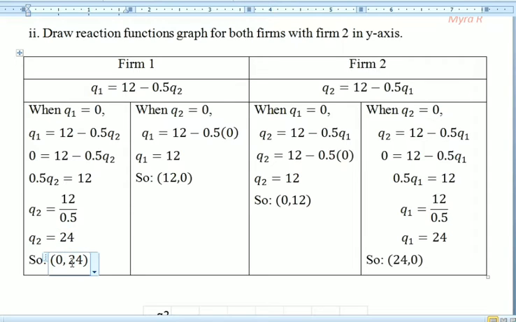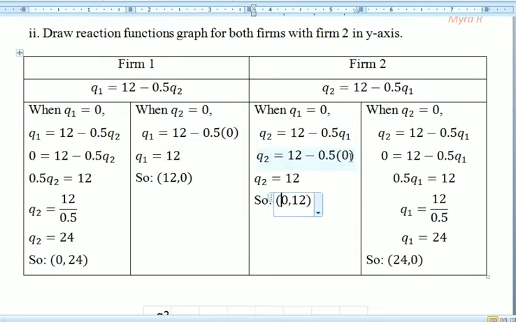Then we assume Q2 equals 0 and substitute Q2 as 0. So Q1 equals 12. So we get the coordinate (12, 0). For firm 2, we also assume Q1 as 0, so we substitute Q1 equals 0 and get Q2 equal to 12.